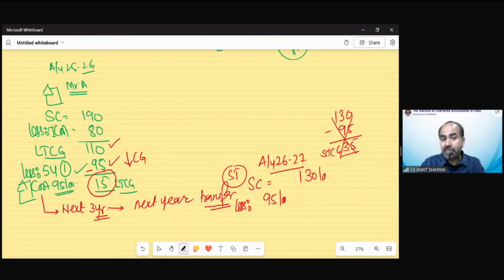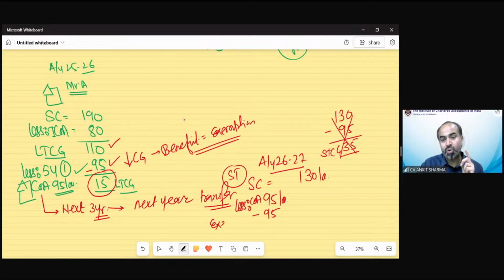So this 95 lakh benefit which you have claimed with the help of exemption, we are going to take it back. And how will we take it back? The cost of acquisition, which was 95 lakh, is going to be reduced. This cost of acquisition would be reduced by the exemption you claimed earlier.